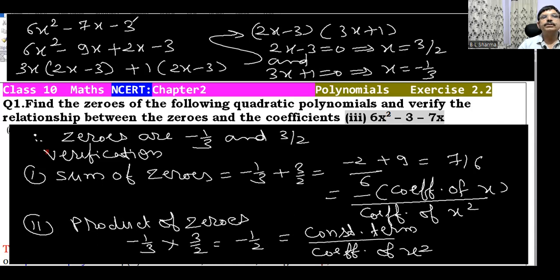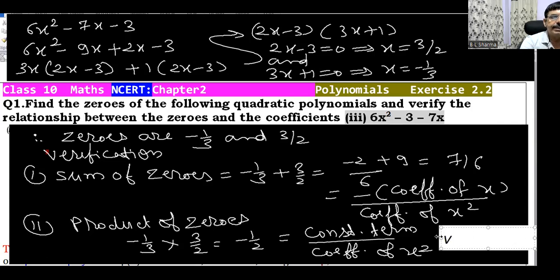The constant term is negative 3 divided by the coefficient of x square, that is 6. So minus 3 by 6, that is minus 1 by 2. So thus we can say the relationship is verified.